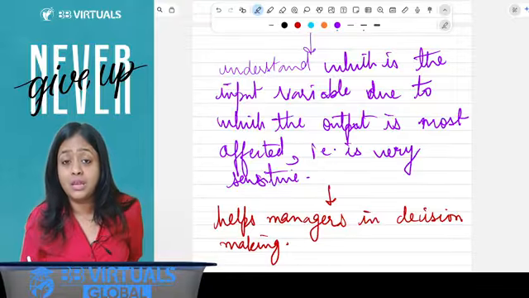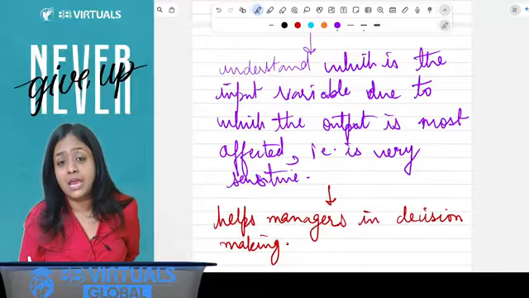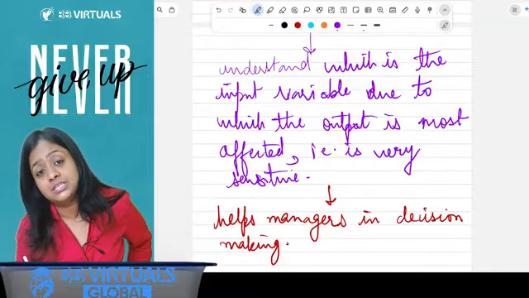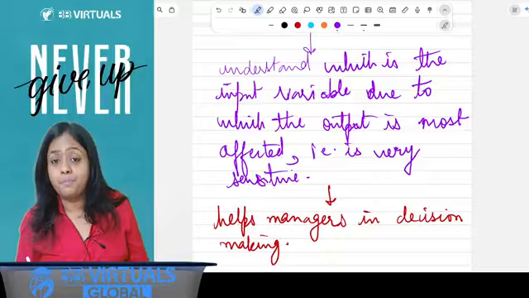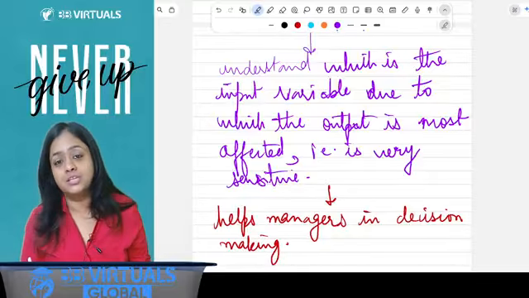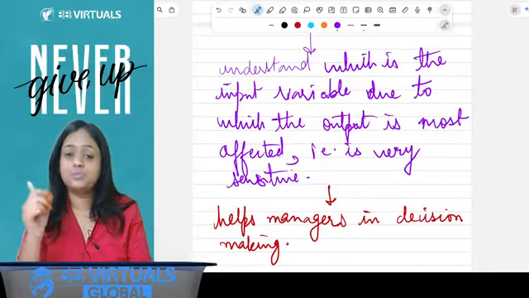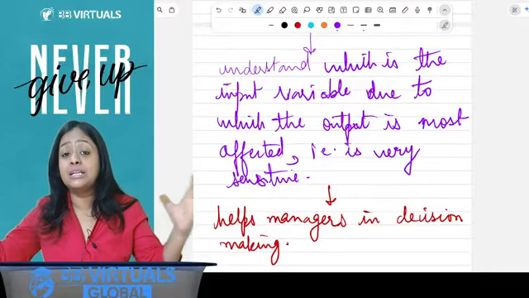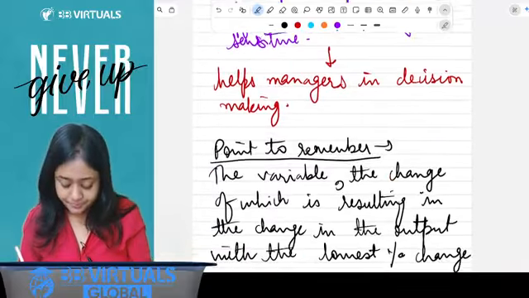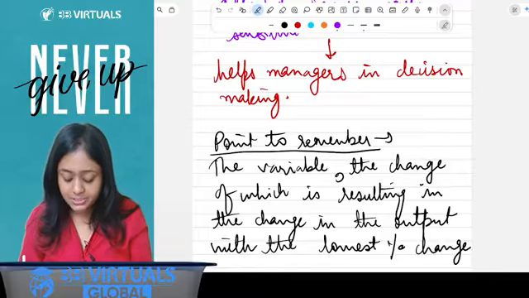So that would mean that a 20% change in advertisement will bring about a change in sales. So that means the product which has got the least percentage will be the most sensitive product, because that is the product with the least percentage also bringing a big change in the output. So it helps the managers in decision making.